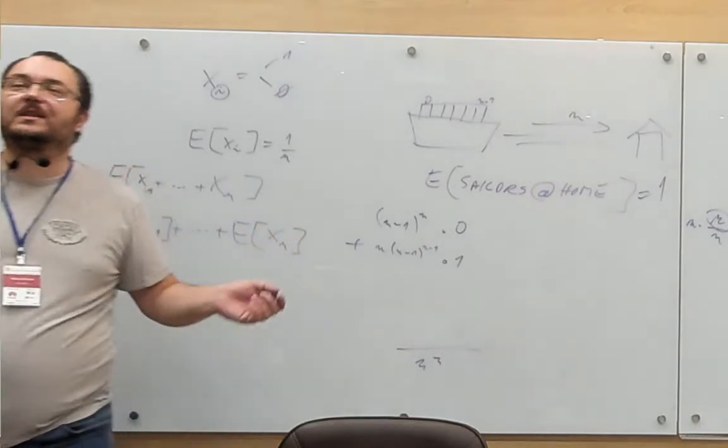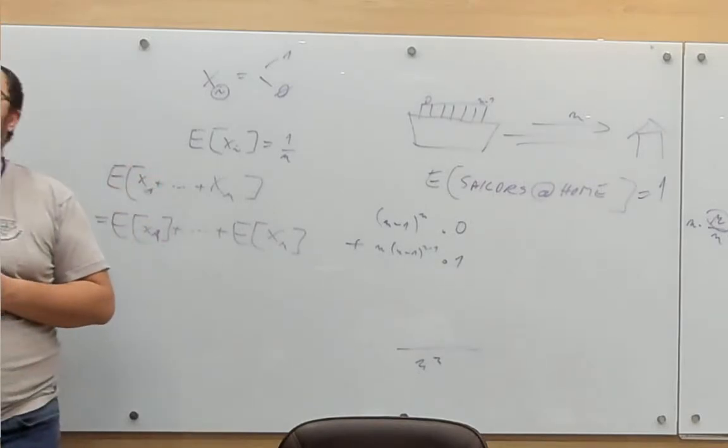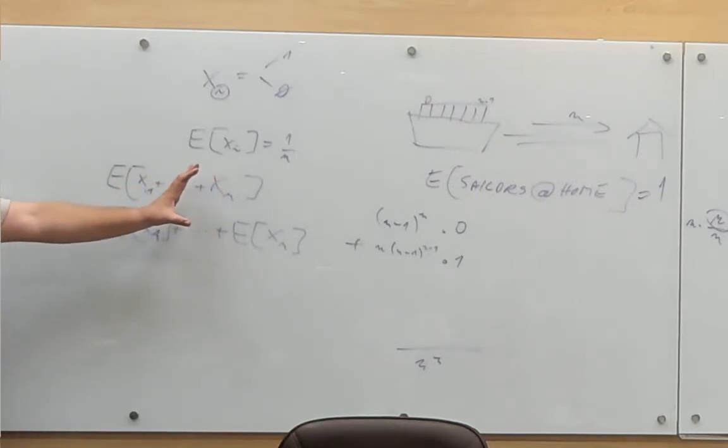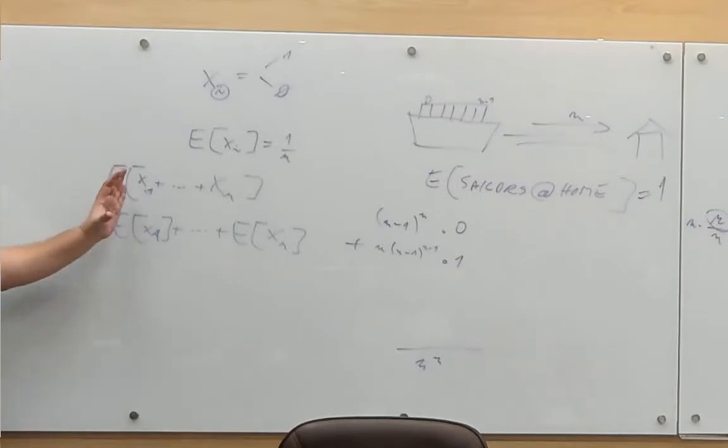On its own, this is not very surprising, but it is a very powerful statement. The important thing about it is that it doesn't care about anything about these random variables. They don't have to be independent. There can be any kinds of dependencies between them, and the statement still holds.